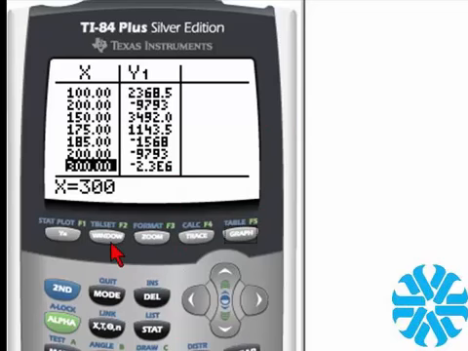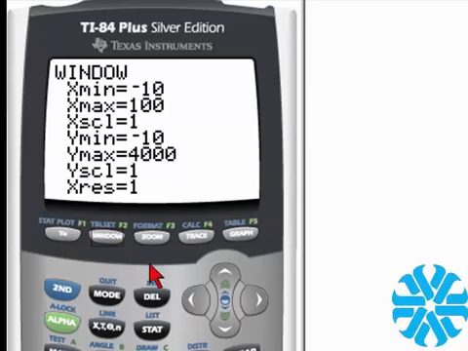Okay. So let's go Window, and let's go to x max to 200. And let's graph that. See what happens.